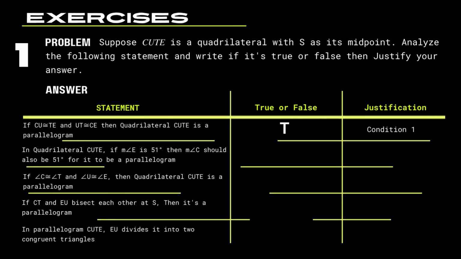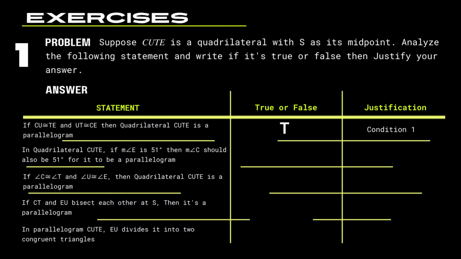Now, next, statement number 2 says in quadrilateral CUTE, if the measurement of angle E is 51 degrees, then the measurement of angle C should also be 51 degrees for it to be a parallelogram. Okay. If you remember, according to condition 3, a quadrilateral is a parallelogram if pairs of consecutive angles are supplementary to 180 degrees.